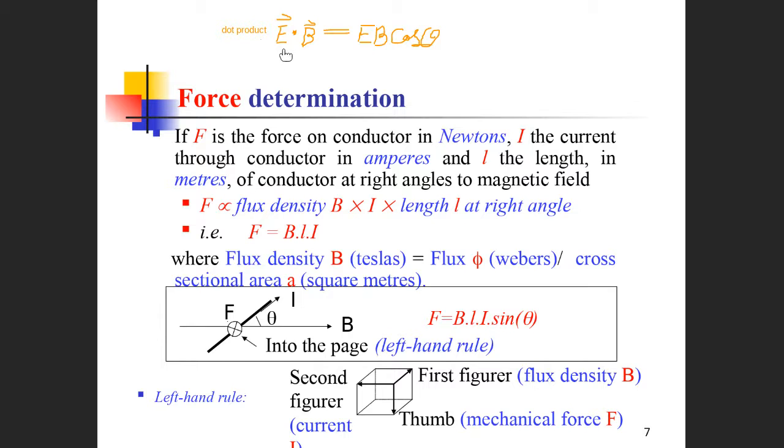So dot product means that for two vectors, one is E with a direction, the other is B with a direction. The dot product is the values times the cosine of the angle between them. This is the dot product. Cross product.